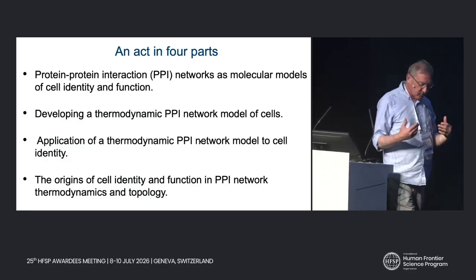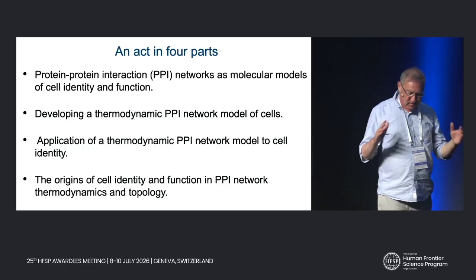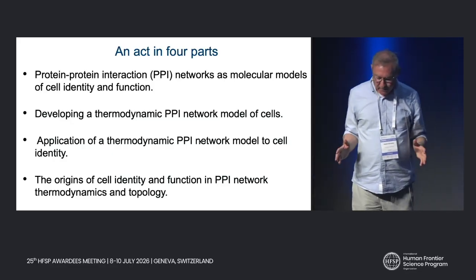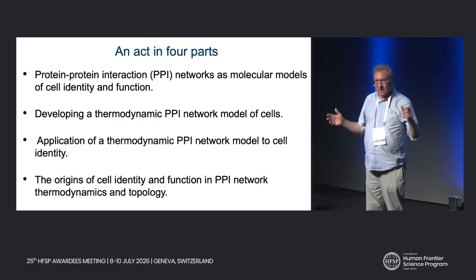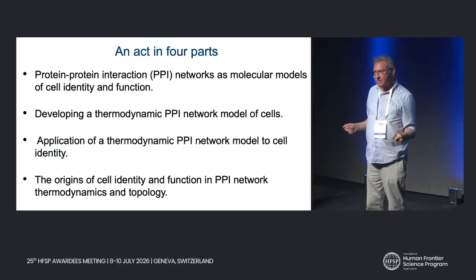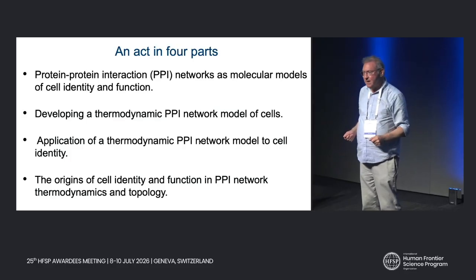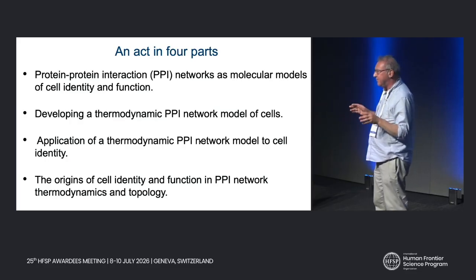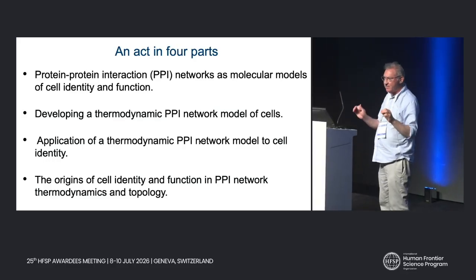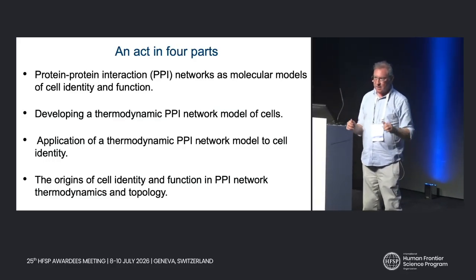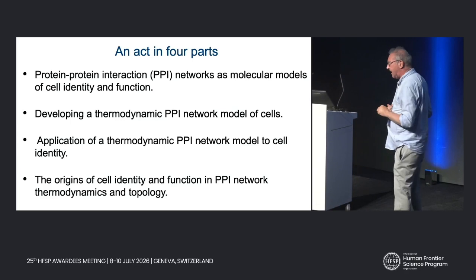What I'm going to do is first try to convince you that these models of the cell, molecular representations of models of cells, can be described at different levels of hierarchy of information. And I want to convince you that the most important level, and the one that we have to access in order to come up with truly physical models of the cell, is at the level of protein-protein interactions.